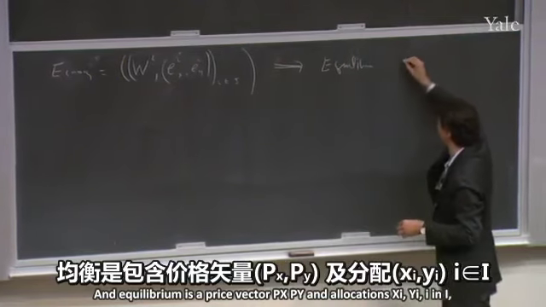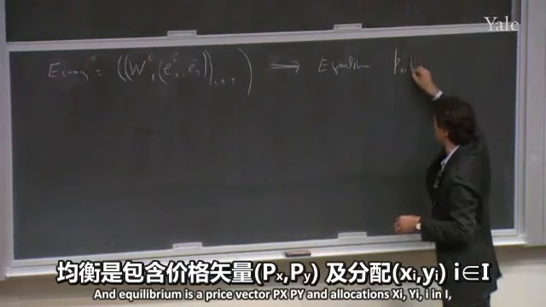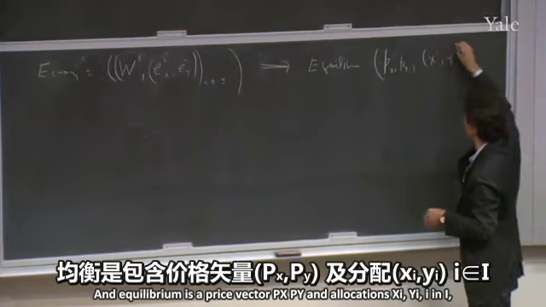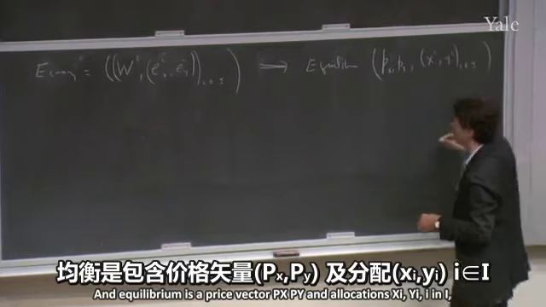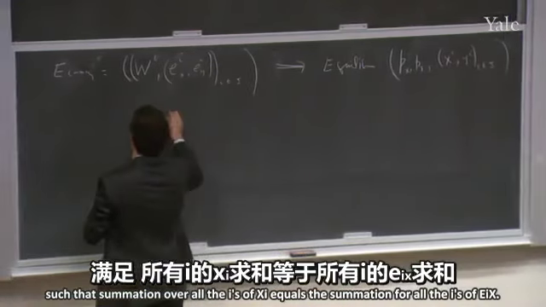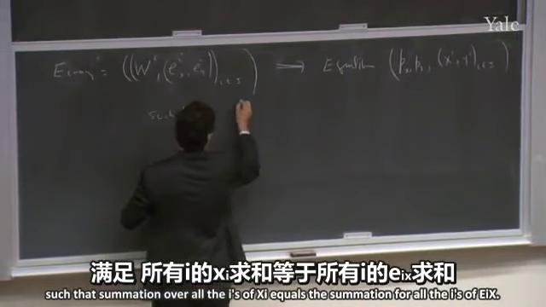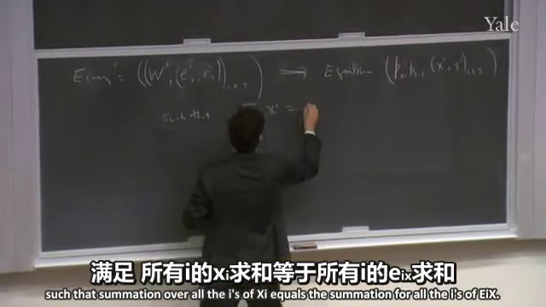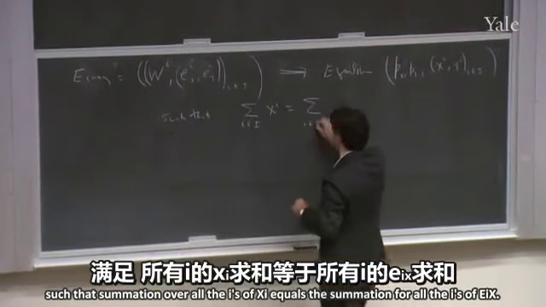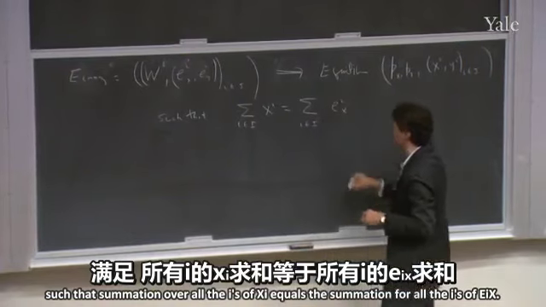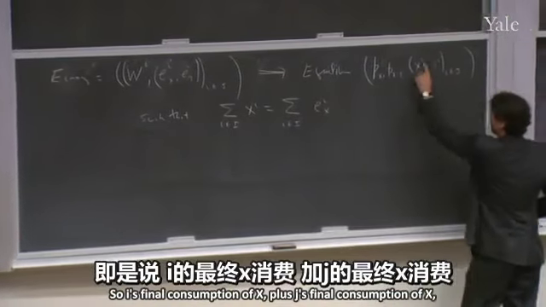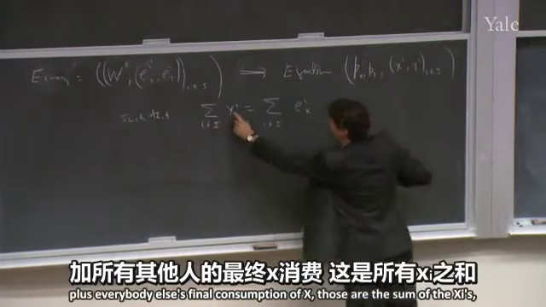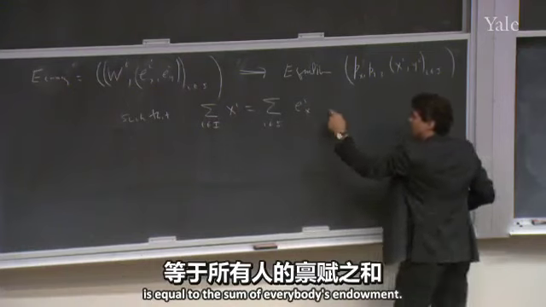And equilibrium is a price vector, Px, Py, and allocations, xi, yi for i in I, such that the summation over all the i's of xi equals the summation over all the i's of EiX. Everyone's final consumption of x, plus j's final consumption of x, plus everybody else's, the sum of the xi's, is equal to the sum of everybody's endowment.